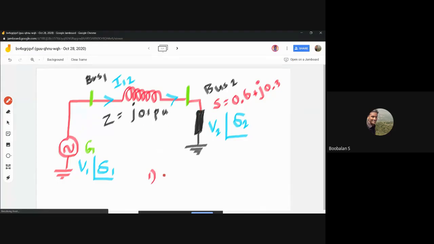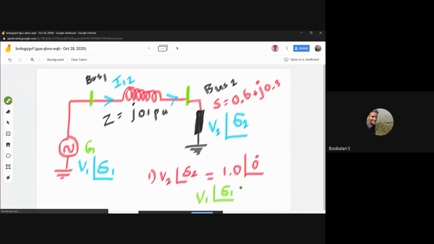First question: V2 and del 2 are given, that is 1.0 magnitude at 0 degree. Now they are asking for V1 and del 1. So V2 and del 2 are given, this is the value, and they are asking for V1 at angle del 1.